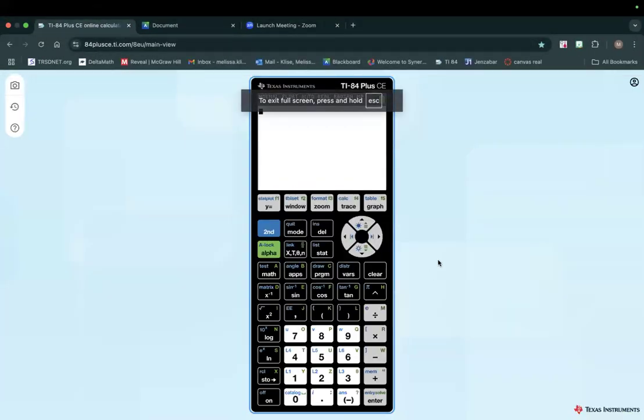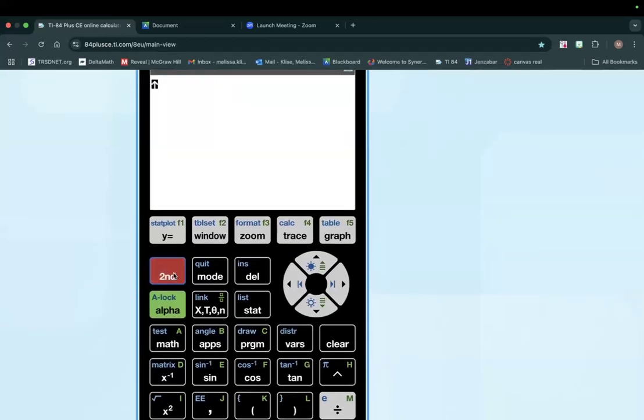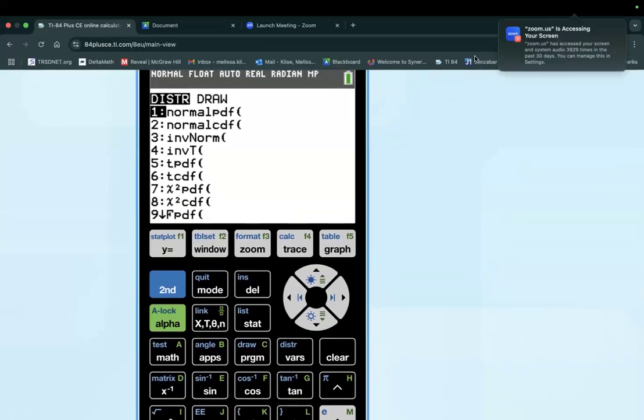Okay, so notice above this VARS button right here, it says DISTR. So this is for distributions. We're doing a binomial probability distribution. So right above VARS here is distributions. I'm going to do second VARS, and it's going to bring up this lovely screen right here.